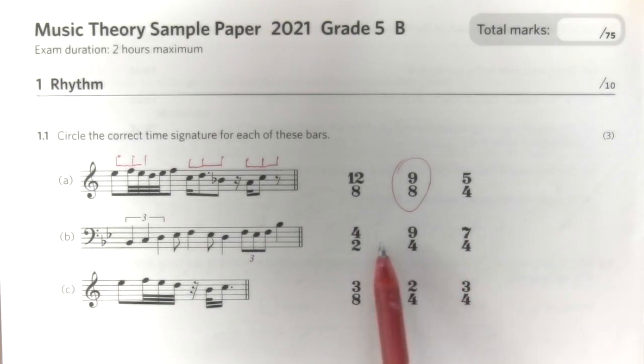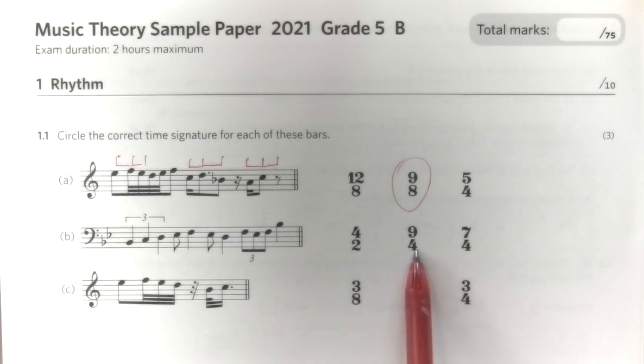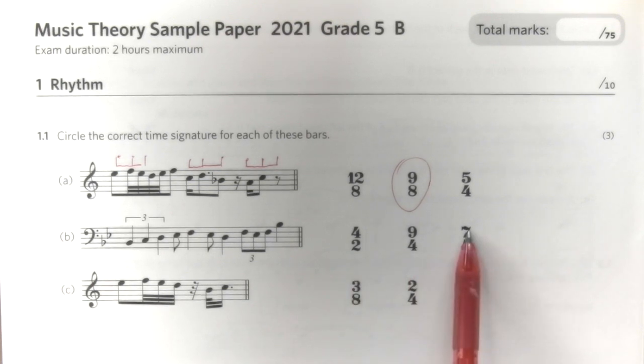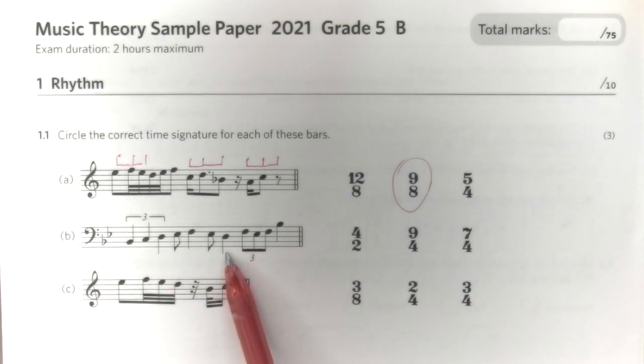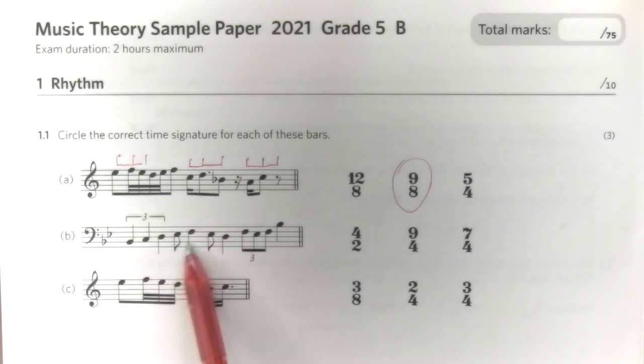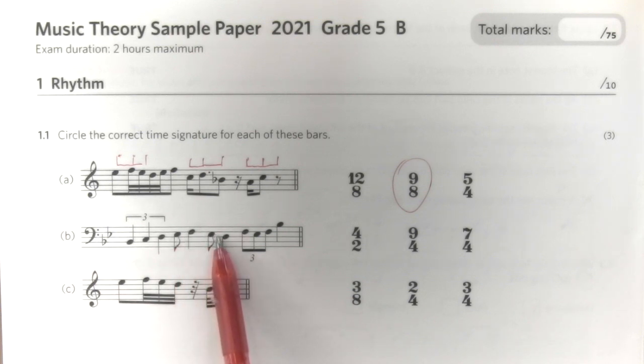In fact, we have 4 halves, which means 4 minims, okay, 9 crotchets or 7 crotchets. In fact, the crotchet is the main thing here. This could make us think of a compound time because it could be a group of 3 quavers, 1, 2, and 3. And this is the same.